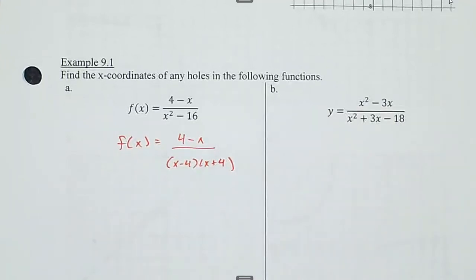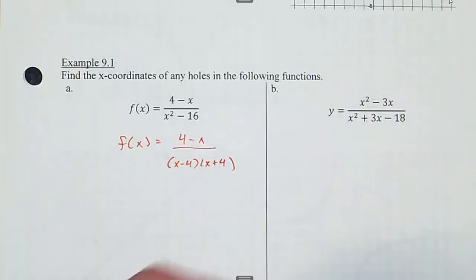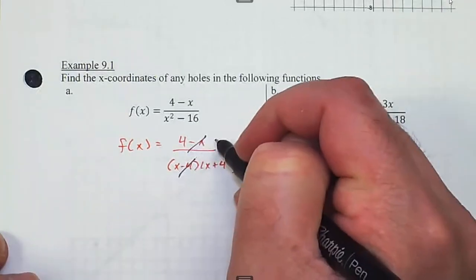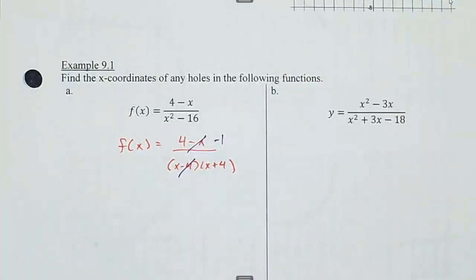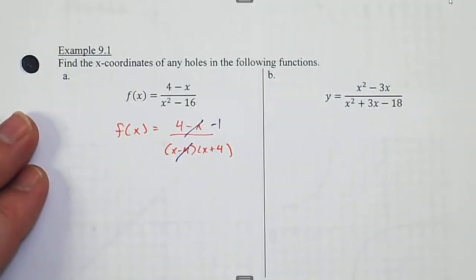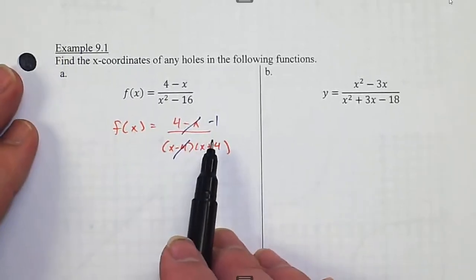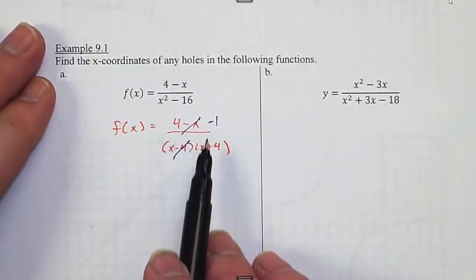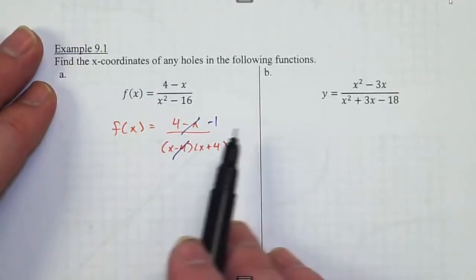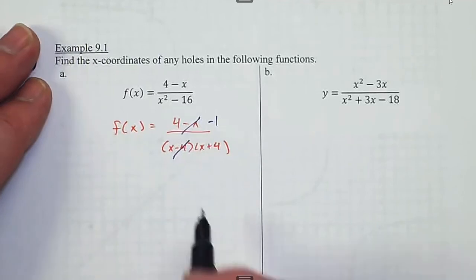Now, because the top is the perfect opposite of the bottom, these will reduce to negative 1. But be careful. Some people are overusing this, and they're doing things like 4 plus x and x plus 4 make negative 1. They don't. That's just 1. But 4 minus x and x minus 4 is negative 1.